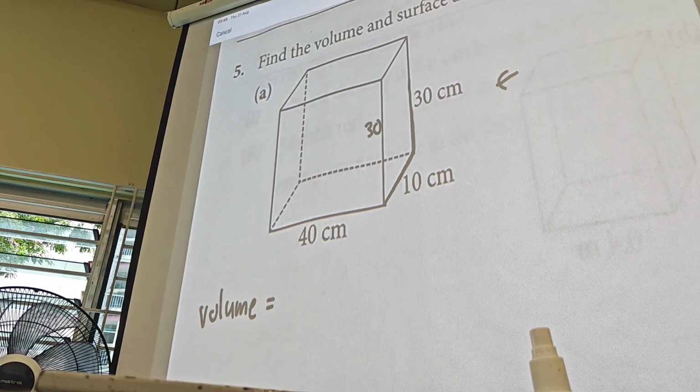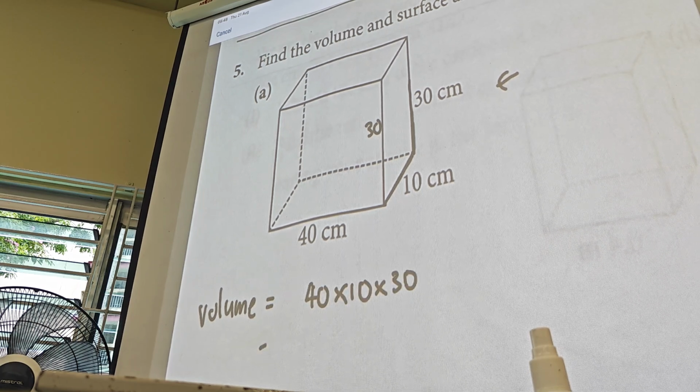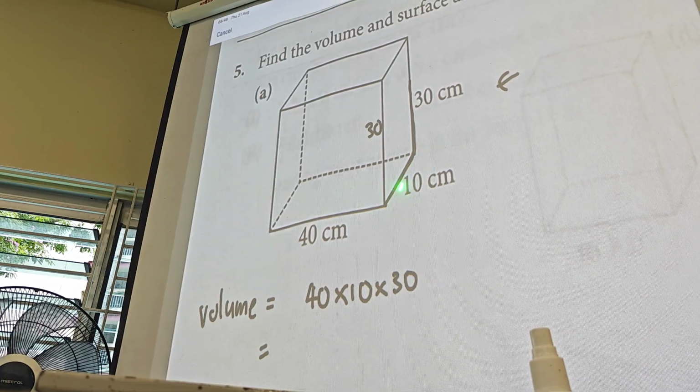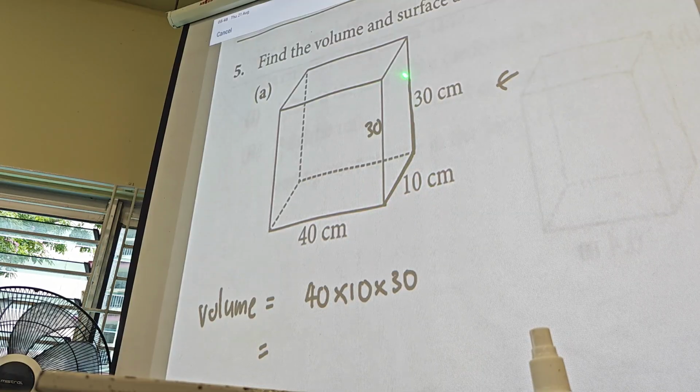Okay, so 40 times 10 times 30. Length times breadth times the height. The bottom area is multiplied by a 30 centimeter length of height to get the final space of this object, this whole box.